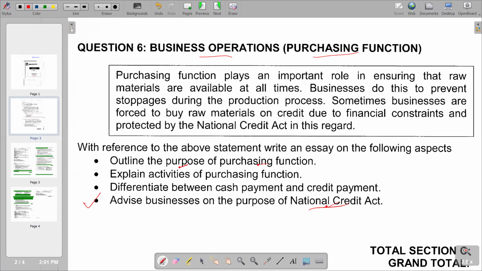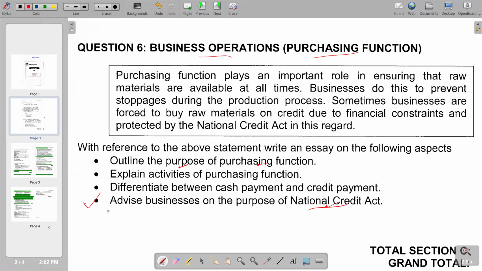And then also it is there to make provision for the establishment of the National Credit Regulator. So those are some of the purposes that we can also include. It is also there basically to promote a fair but competitive credit market. So basically, it becomes another purpose.